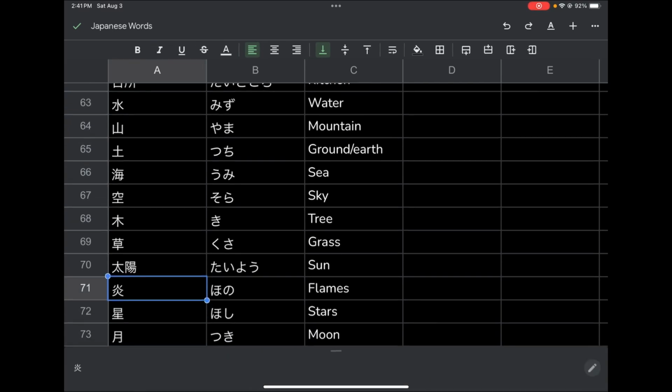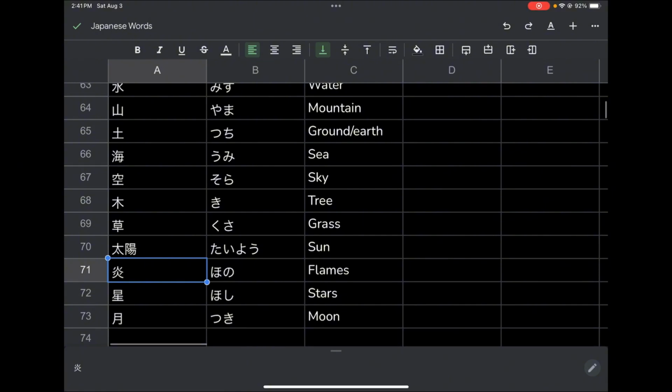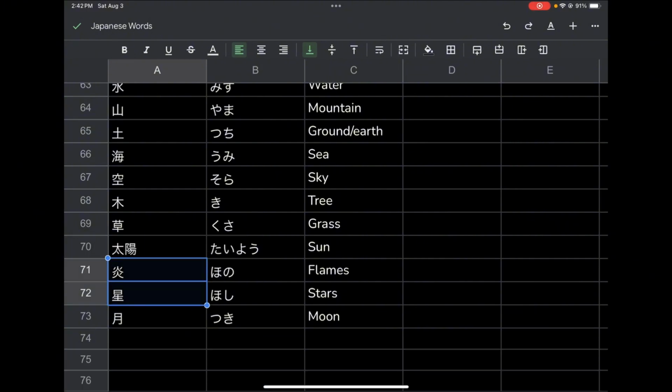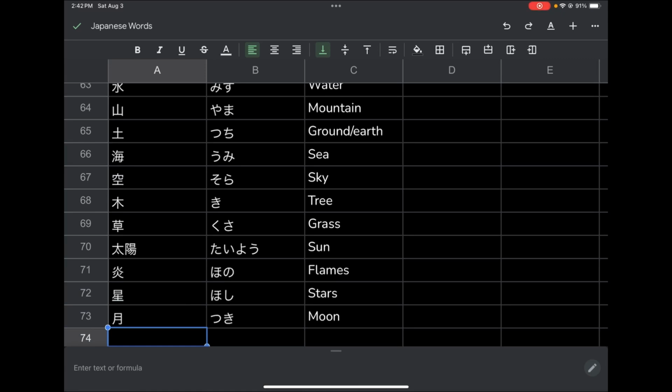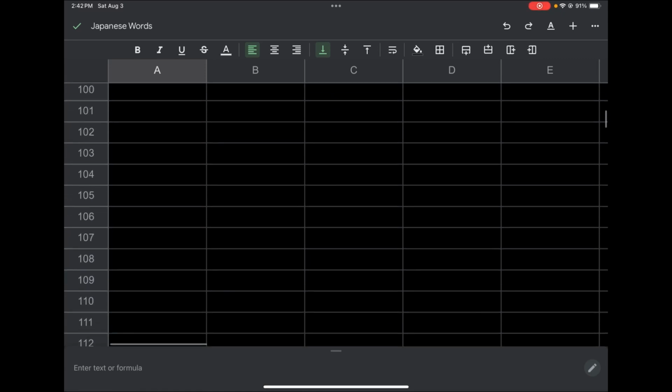You see the kanji for fire? It's ka, right? Like kayobi, that means Tuesday. Ka. And then there's two of the same characters, making it hono.